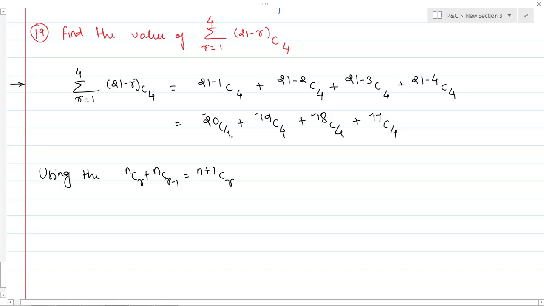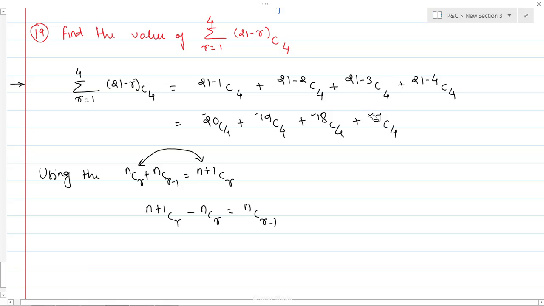But r is 4, a constant everywhere. And in these two terms we can find r the same and n is 1 greater. So what we can write here is n plus 1 Cr minus nCr is equal to nCr minus 1.